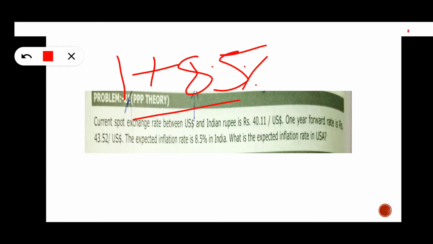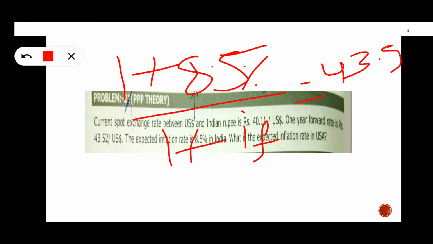So 1 plus 8.5% divided by 1 plus the inflation rate we have to calculate, and this is in the form of direct quote. Direct quote formula is F by S. F is 43.52 and S is 40.11. By using this, 43.52 divided by 40.11, we get 1.0850 on the right hand side.